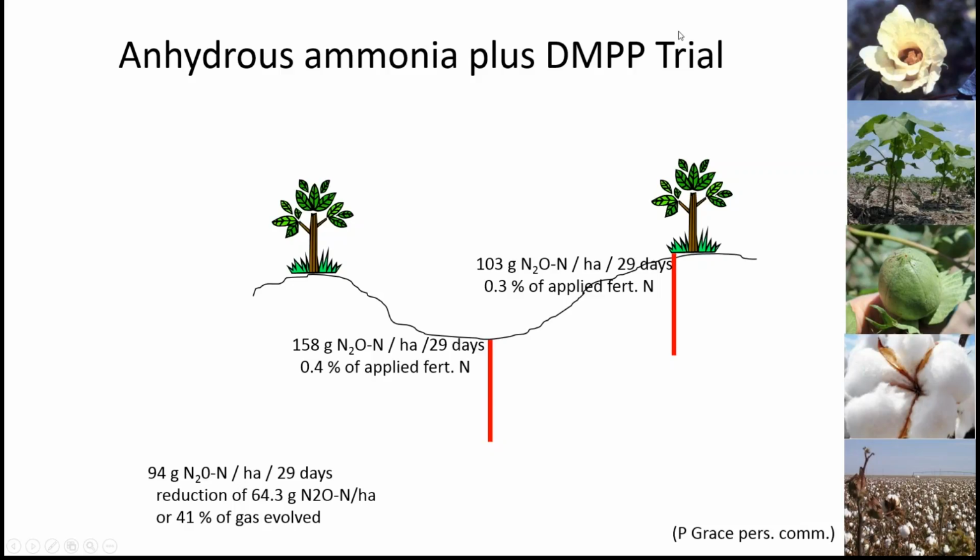Based on that, one of these would be DMPP applied with anhydrous ammonia. The types of reductions in loss: basically there was a saving of 41% of the gas being avoided by the application of one of these nitrification inhibitors.